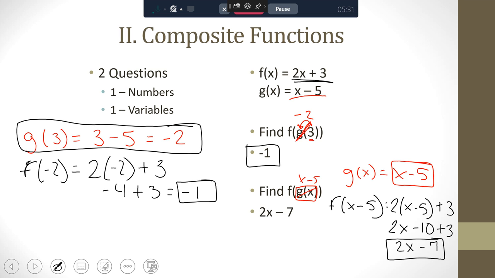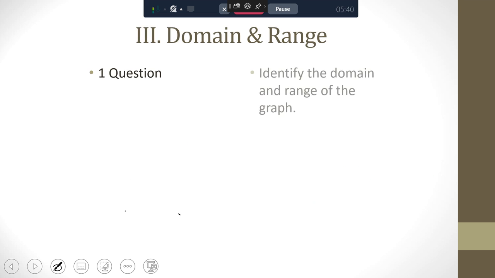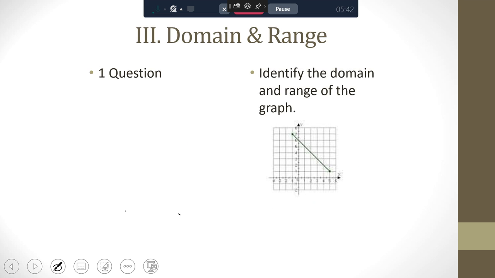So now we're going to have one question on domain and range. When we are working with domain and range, the domain is the horizontal, we're going to look at it horizontally.